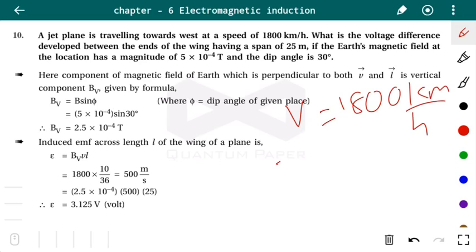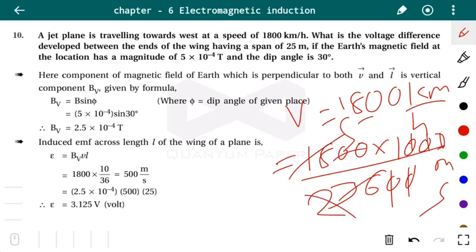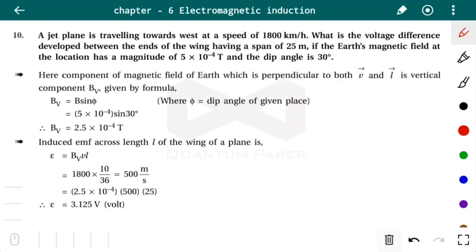Converting that into meter per second, we get 1800 into 1000 upon 3600 meter per second. This gets cancelled, so we will have by 2, this becomes 50 into 10, that is 500.